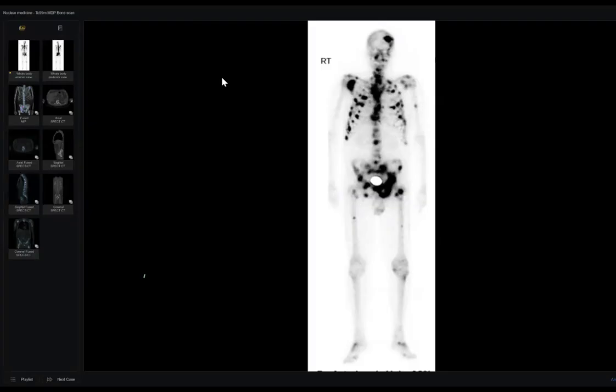I would proceed with a PET CT with PSMA. What is PSMA? It is the prostate-specific membrane antigen. Brilliant. Sometimes in Egypt they call it gallium PSMA, prostate-specific membrane antigen.